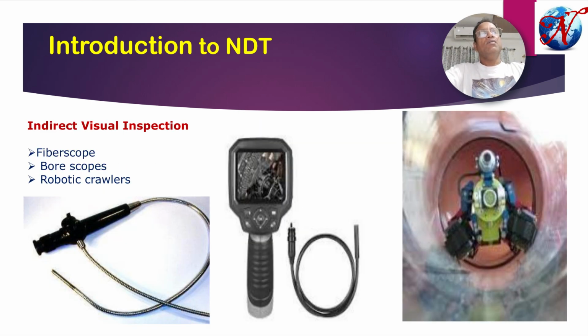Same as direct visual inspection, where the inspector is able to inspect the inspection part in front of them by the naked eye or by using some aids. If the inspector is not able to reach your inspection surfaces, they can inspect your inspection part in an indirect way, which is known as indirect visual inspection.